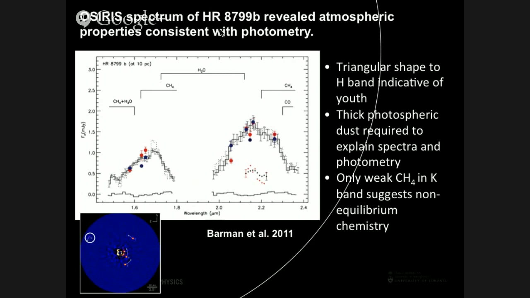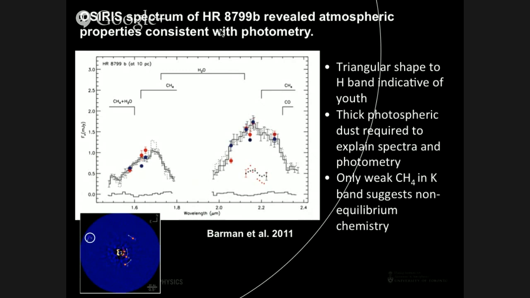A couple of things that we noted in this paper were, first, that people who look at brown dwarf spectra and try to prove that they're young look for this triangular H-band. So again, there was some controversy over the age of the system for a while, and so that was one of the first things we pointed out, that our H-band looks somewhat triangular.